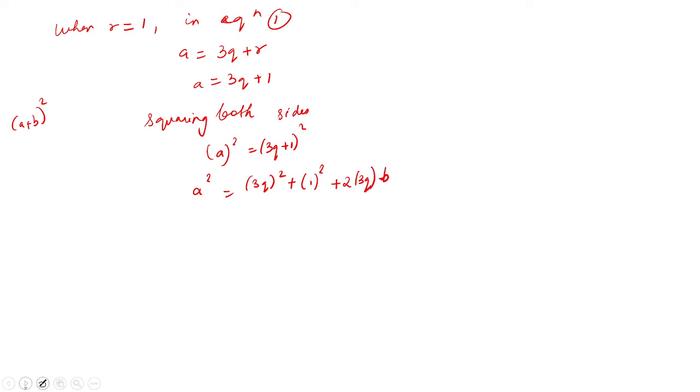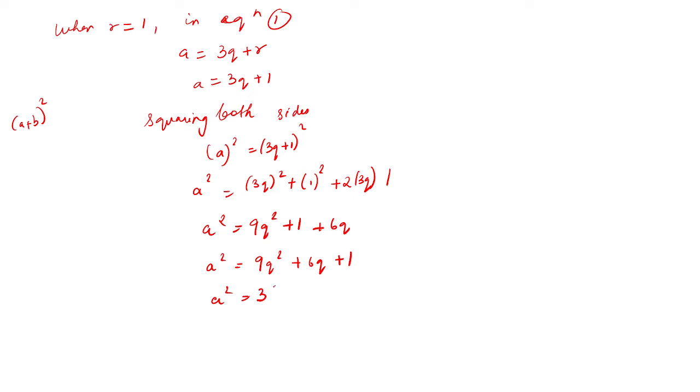So you get a square. This is going to give you 9q square plus 1 plus 6q. Now I'll write 9q square first and rearrange them. Can I take 3 common over here?